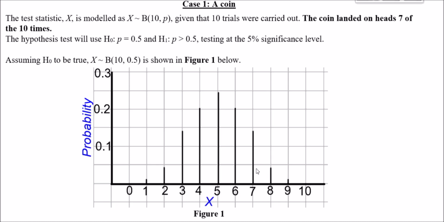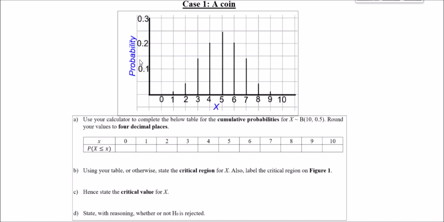And so is 7 going to be a critical point or not? First of all, what I want you to do is to think about this table of values here. Use your calculator to complete the table for the cumulative probabilities for this distribution, and we're going to round the values to 4 decimal places.